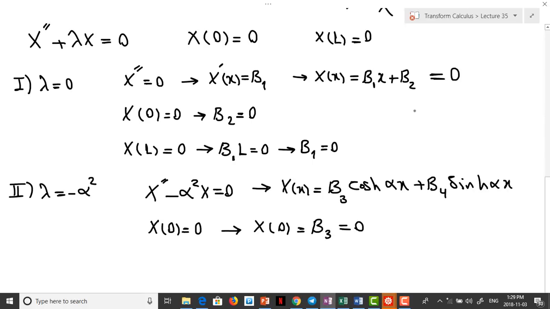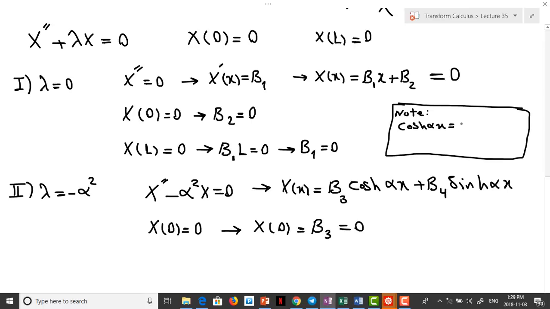Here I just make a note about sine hyperbolic and cosine hyperbolic. Cosine hyperbolic of alpha x is equal to e to the power of alpha x plus e to the power of minus alpha x, divided by 2, and sine hyperbolic of alpha x is equal to e to the power of alpha x minus e to the power of minus alpha x, divided by 2.